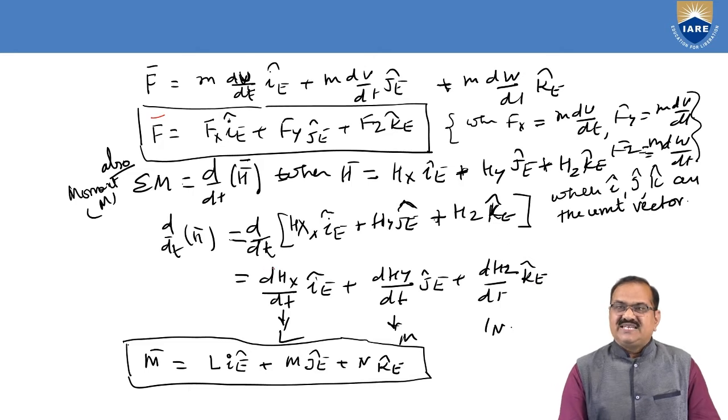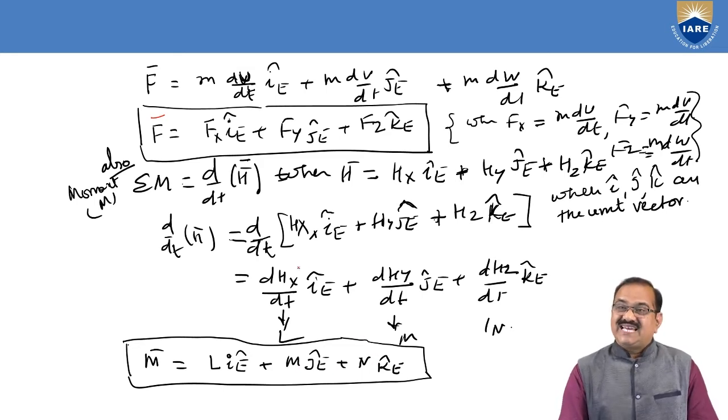So here this dHx/dt is called L. It is a rotation, and it is called the rolling moment with respect to the x axis, and here M is a pitching moment and N is a yawing moment. So the total moment is a summation of rolling moment plus pitching moment plus yawing moment.